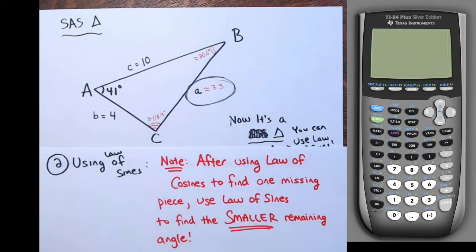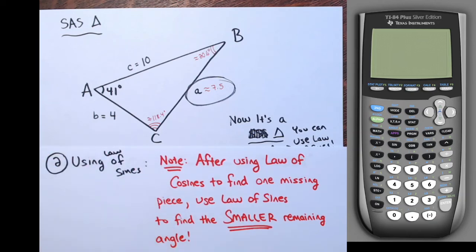The reason I say this is because the smaller of the two remaining angles can't be obtuse. You can't have more than one obtuse angle in a triangle. And then the inverse sine would give it to you.